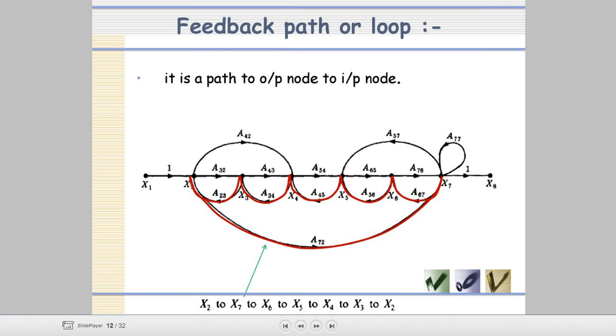We can see here, output node to input node, from x7 to x2, from x6 to x5, from x5 to x4, from x3 to x2.